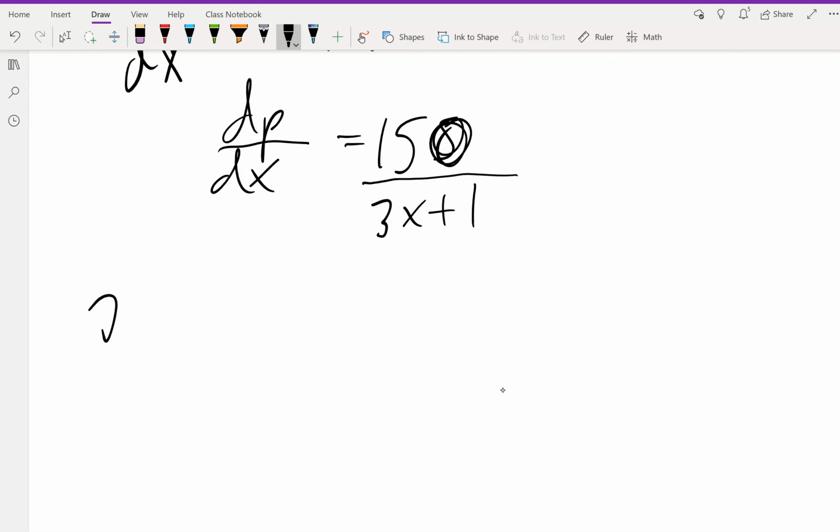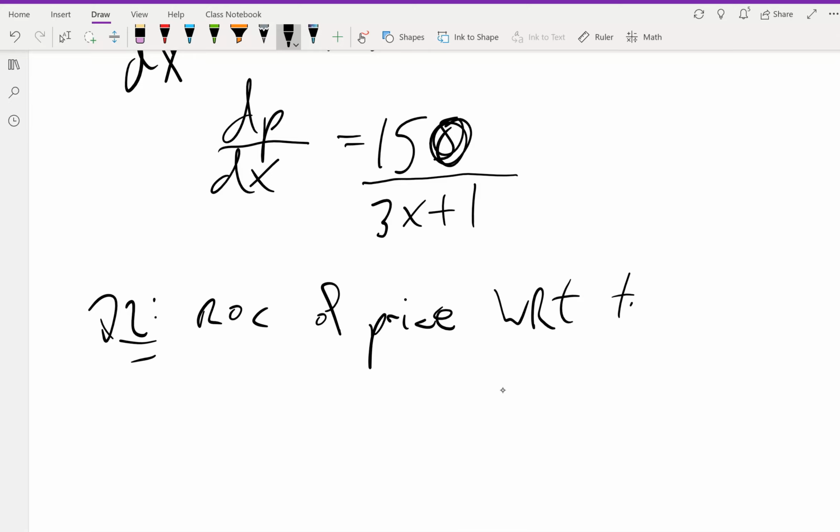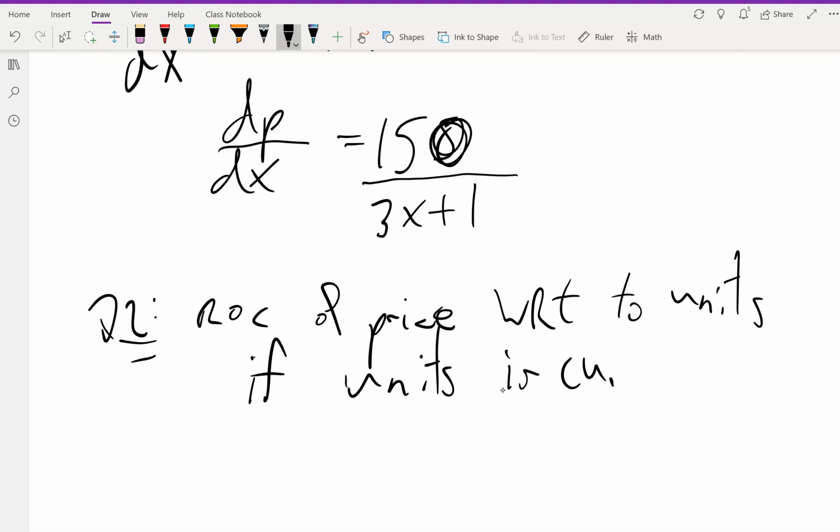So we can ask a furthering question: what is the rate of change of price with respect to units if units is currently 33?